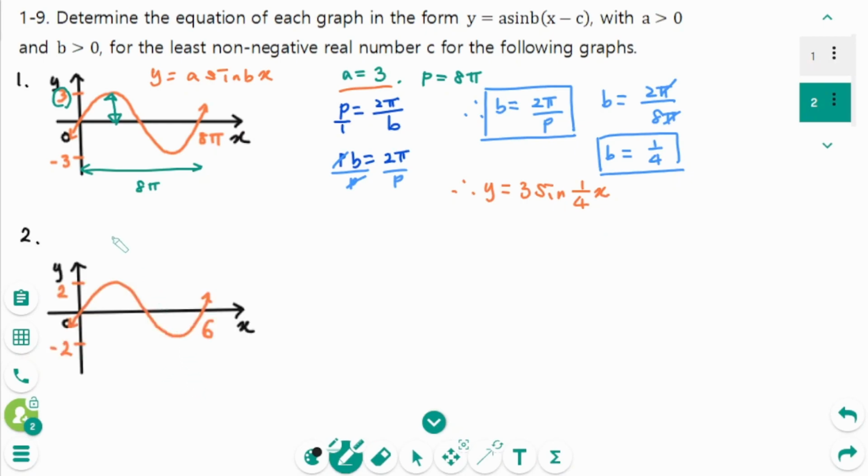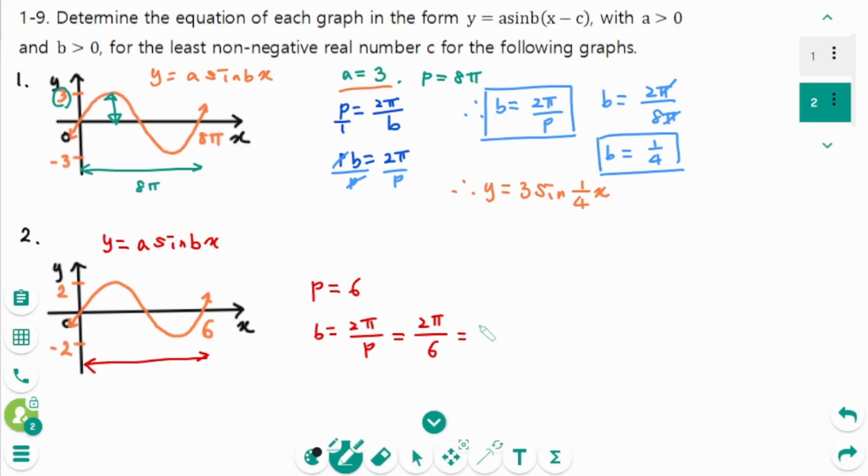Question 2. This is y equals a sine bx form. It's the same shape, but the cycle is different. So the period is 6. Then use the formula p equals 2 pi over b, then 2 pi over b is 6.